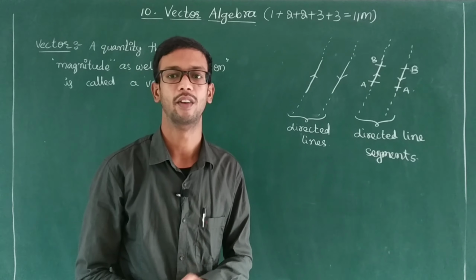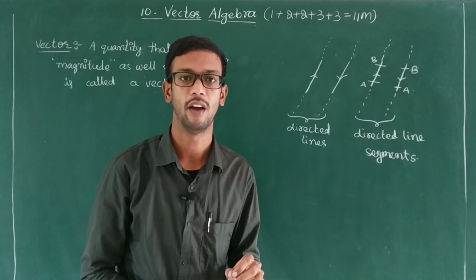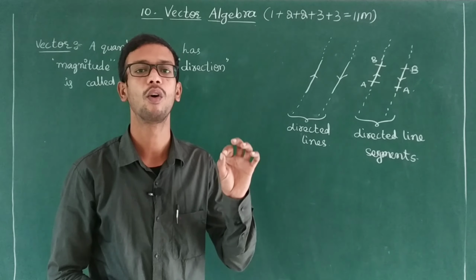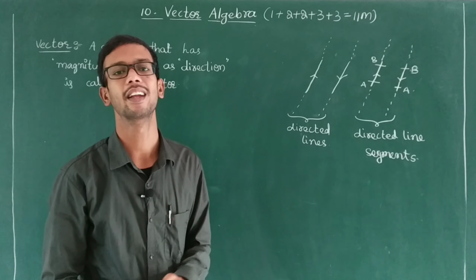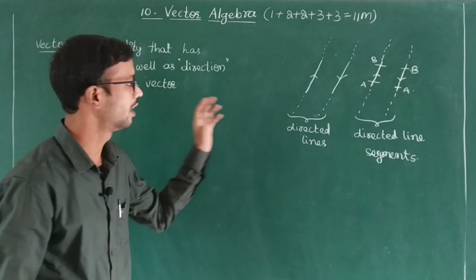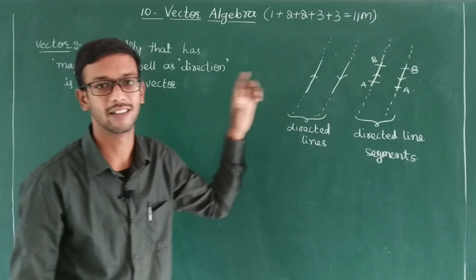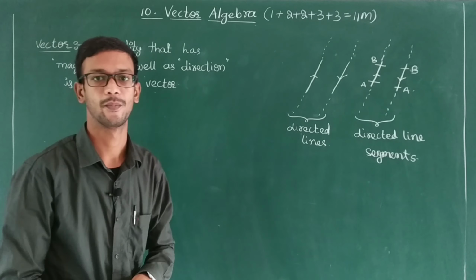Only magnitude having, that is a scalar. There is no direction, only magnitude is there, that is called a scalar. So now we can see here, this directed line segment is a vector.